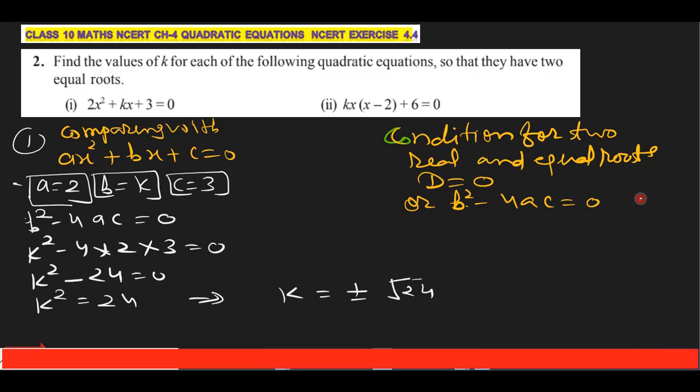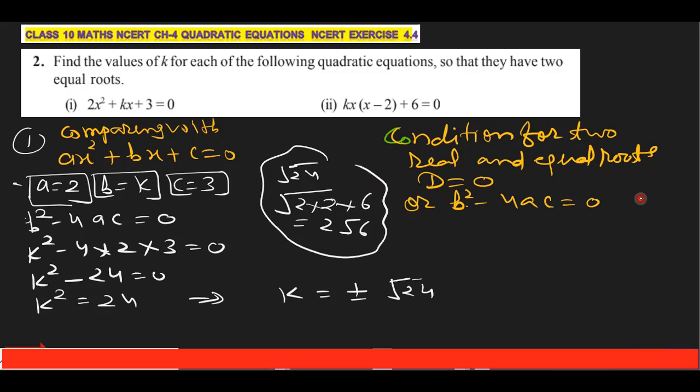Further, the square root of 24 is given by 2 root 6. We can write plus minus 2 root 6, and that is the answer of this question.